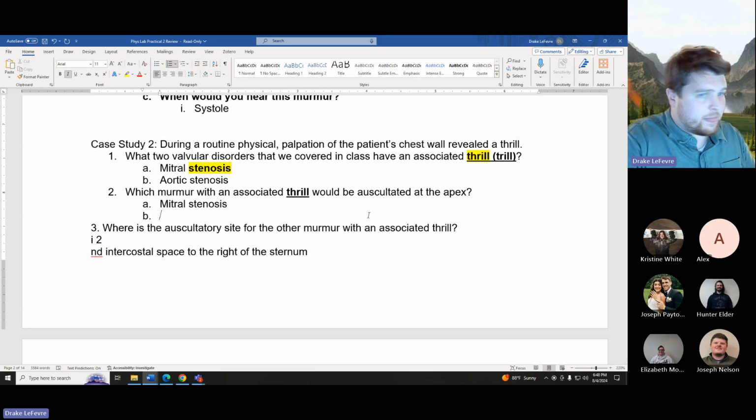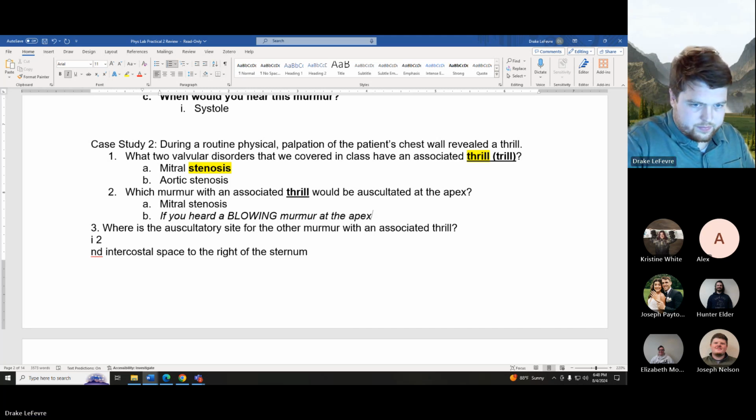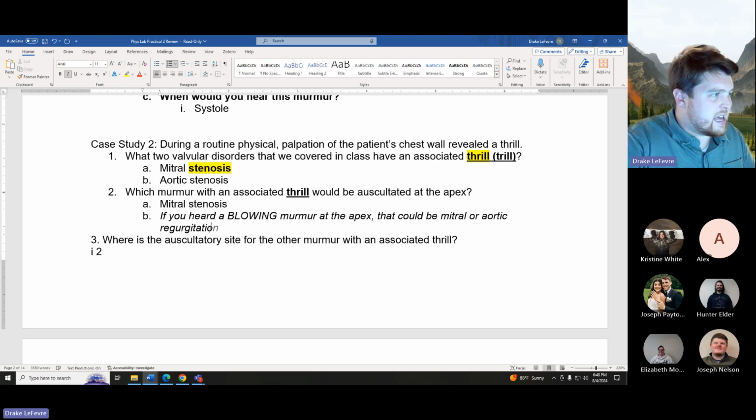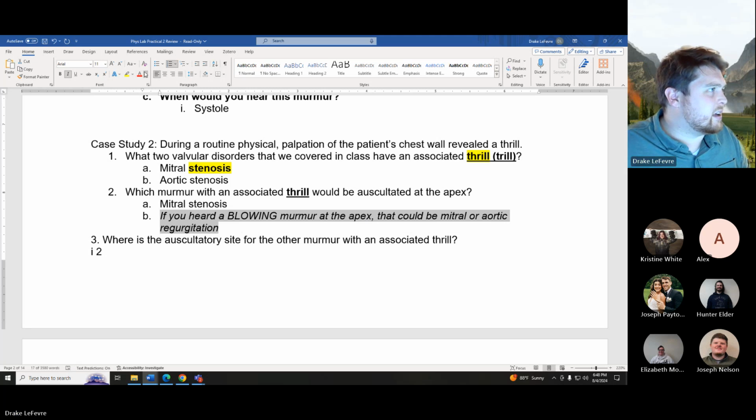Side note, if you heard a blowing murmur at the apex, that could be mitral or aortic regurgitation. This is like a weird kind of extra thing.